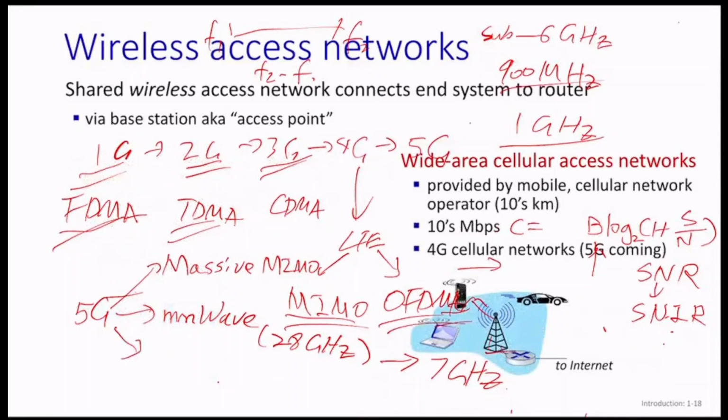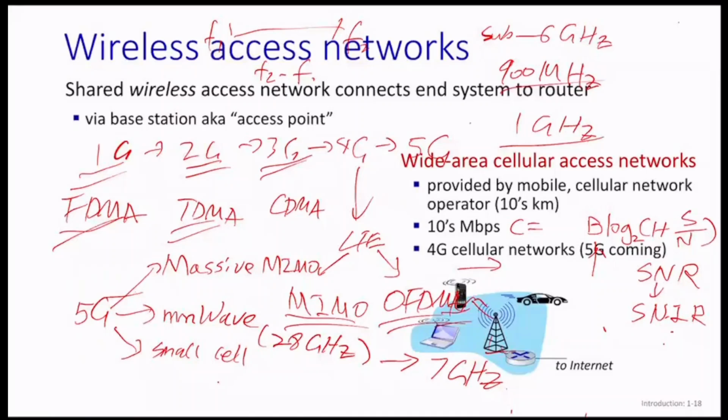Another one is the small cell. For outdoor, we call it a cellular network, which means we separate one area into different cells. For 5G, we consider small cells.